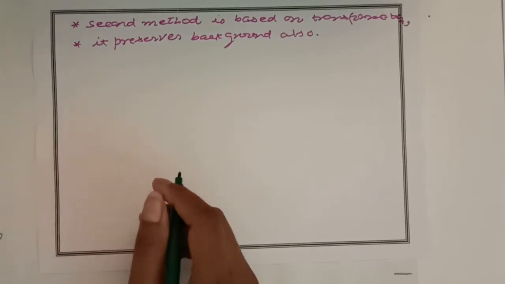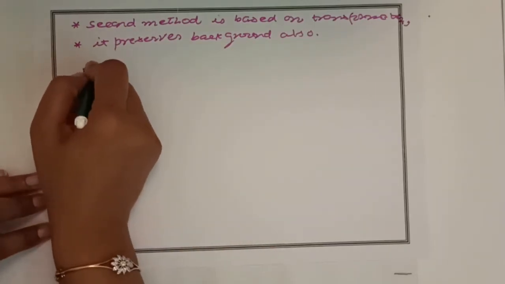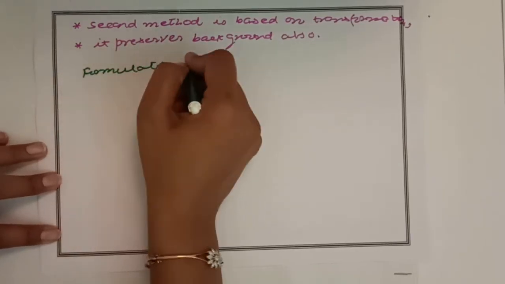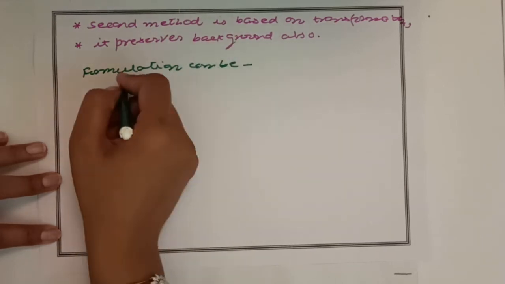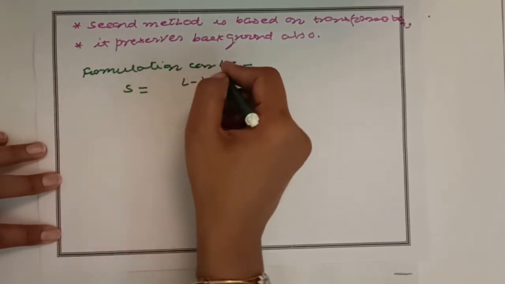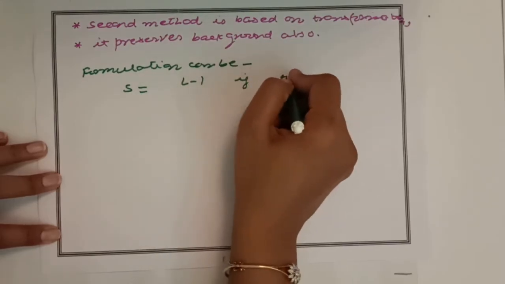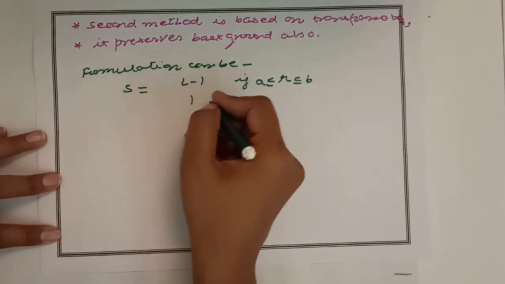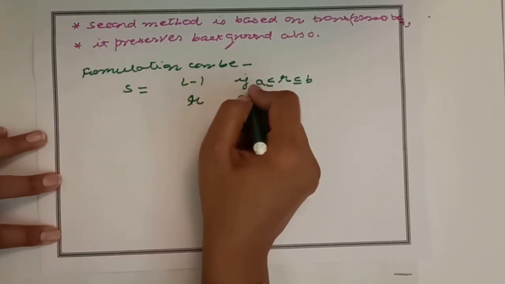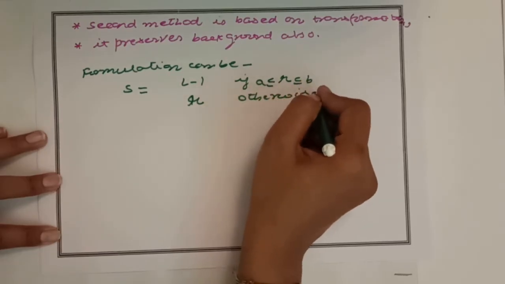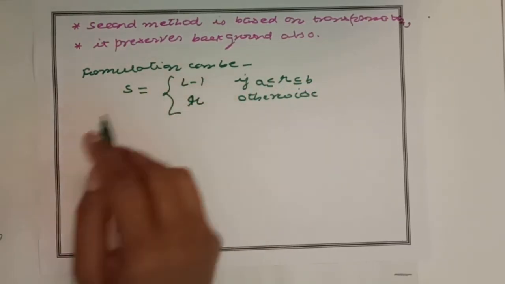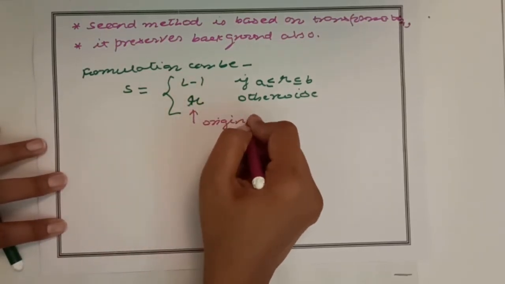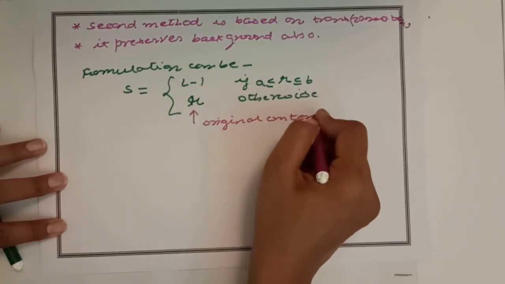In this case, the formulation can be: S is what? L-1 if R is in between A to B, the desired range, and it is written as R otherwise. Written as R otherwise means the original content as it is.